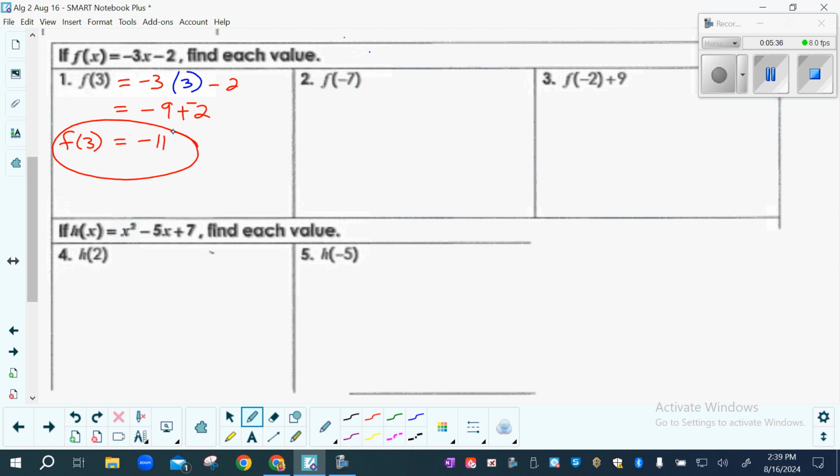Does it tell you? Like, so everything would be equals negative 3. Parentheses negative 2.